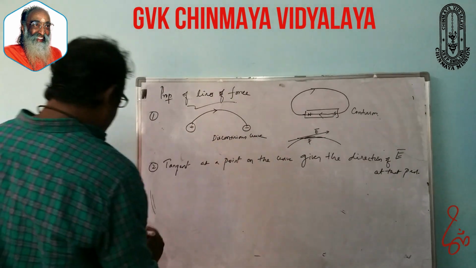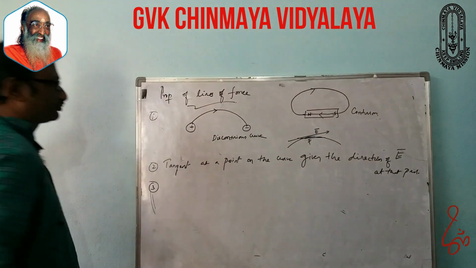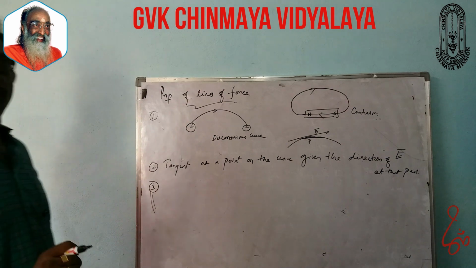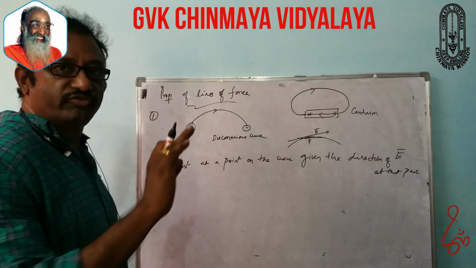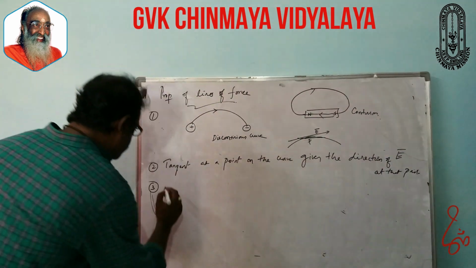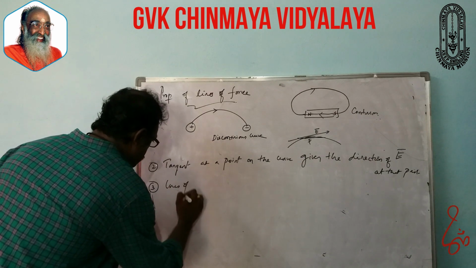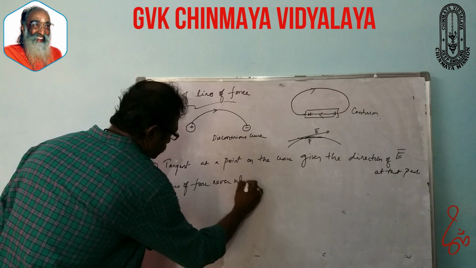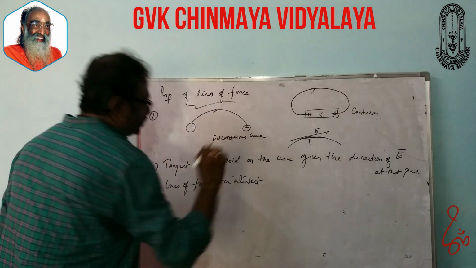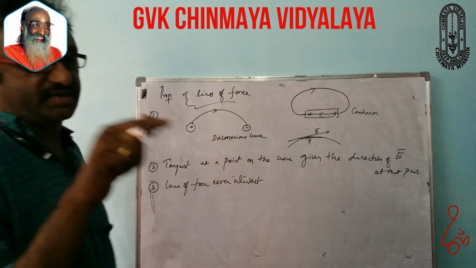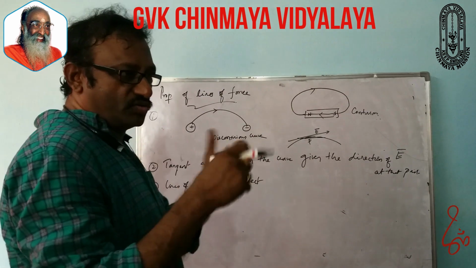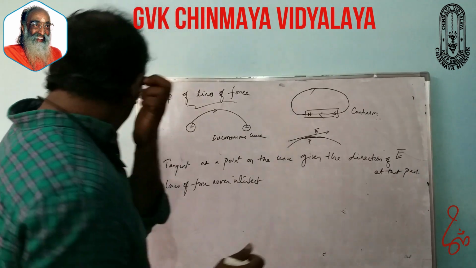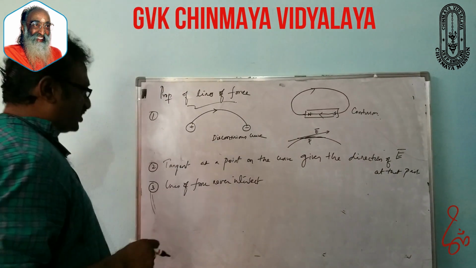Now coming to the third one. The lines of force will never intersect. We can understand this by assuming the contrary. If two lines of force intersect, what happens?